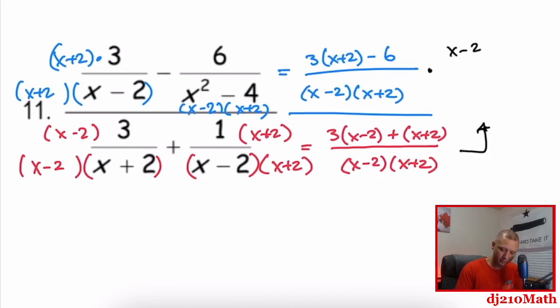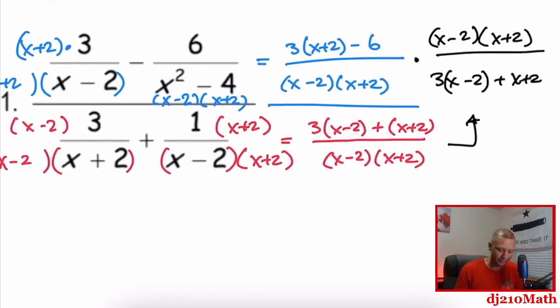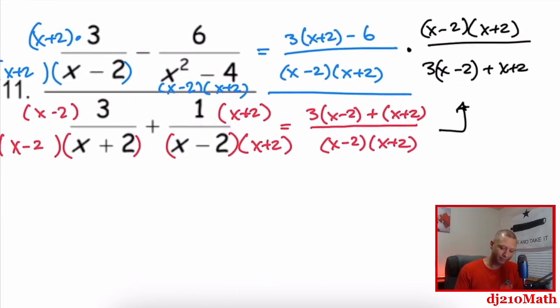So x minus 2, x plus 2, 3x minus 2, x. Because when you're adding, you could drop the parentheses because you don't need to distribute the positive sign. You only distribute the negative sign. So there are a couple ways of thinking about this, right?